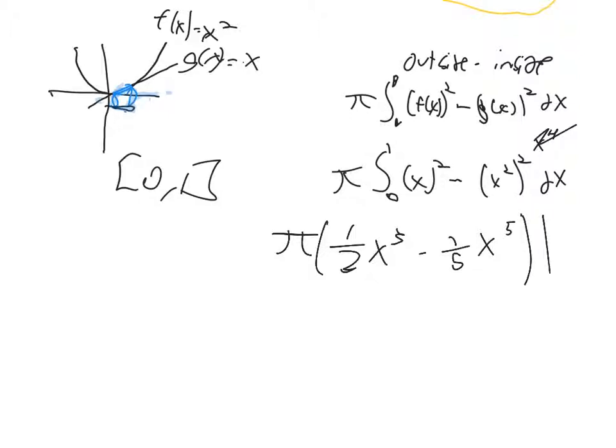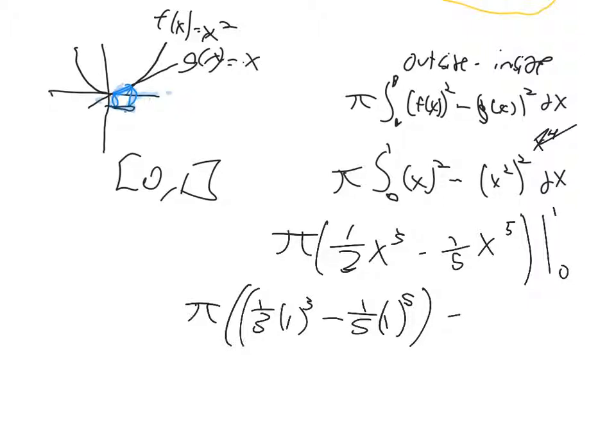I'm going to evaluate that from 0 to 1, so pi times 1/3 of 1 cubed minus 1/5 of 1 to the 5th, and then minus 1/3 of 0 cubed minus 1/5 of 0 to the 5th. This all goes to 0.